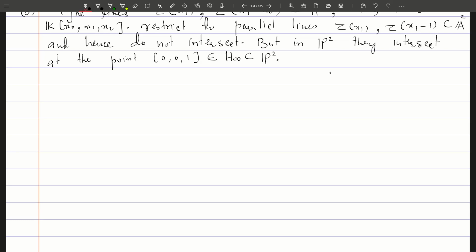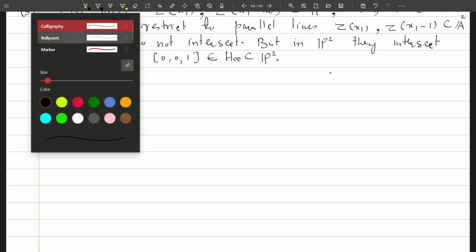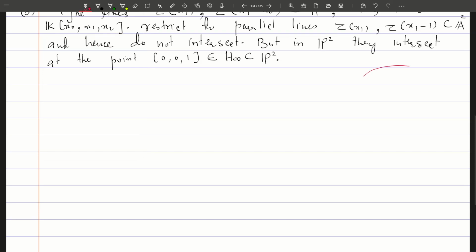So the situation here is like this. We have a line at infinity, let us call it H infinity, and we have these two lines: this is the zero set of x1, and this is the zero set of x1 minus x0.